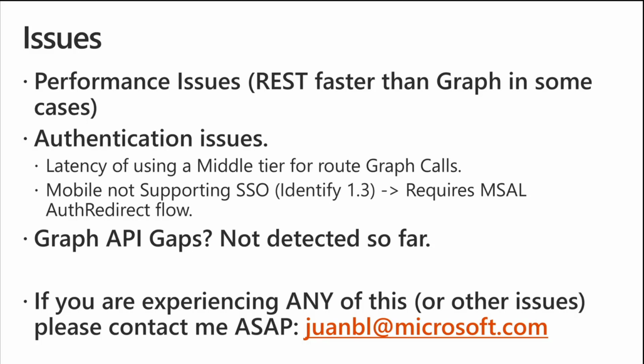Our authentication PM is working very closely with the identity team, and we are working on a new way of doing the authentication on the single sign-on that is more similar to what we have today, but you will still need to use that API to do this. So we're not planning right now to release something that can get you a Graph compatible token, although it's under discussion. I cannot guarantee that's going to happen at this point.